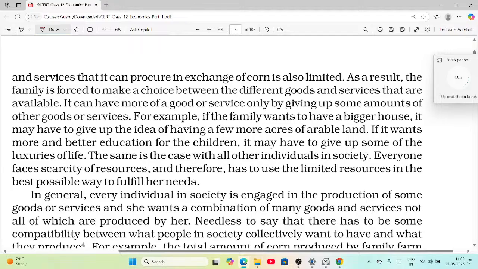As a result, the family is forced to make a choice between the different goods and services that are available. It can have more of a good or service only by giving up some of the others.